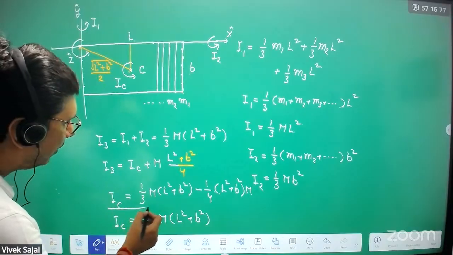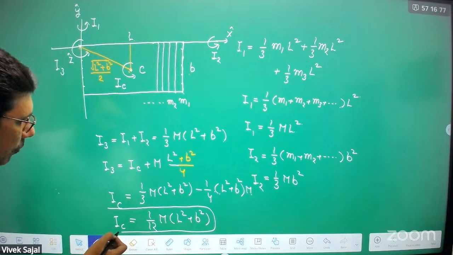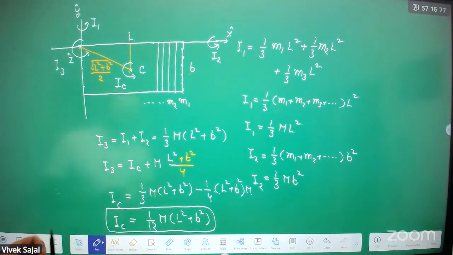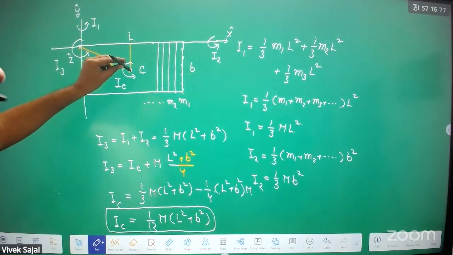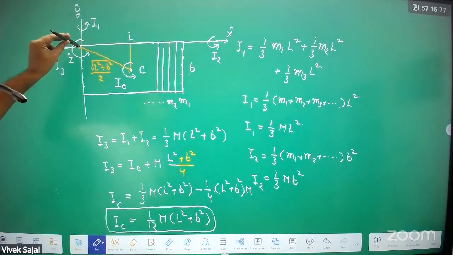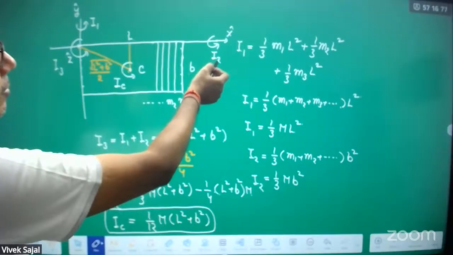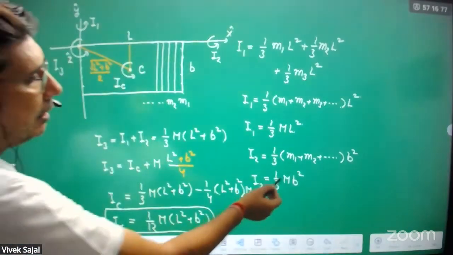So this is the moment of inertia of this rectangular plate about an axis that is passing through its center of mass and perpendicular to its plane. This is 1 by 12. For this axis, it is 1 by 3 m L square plus B square.